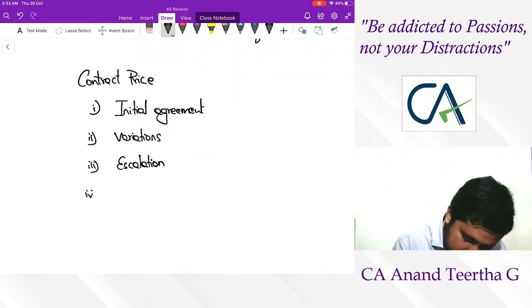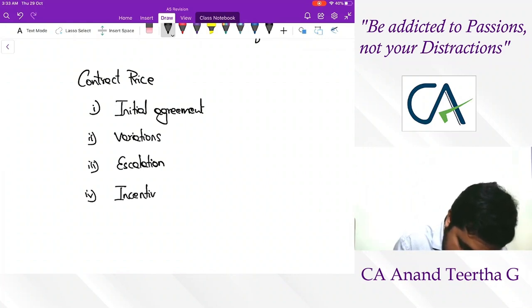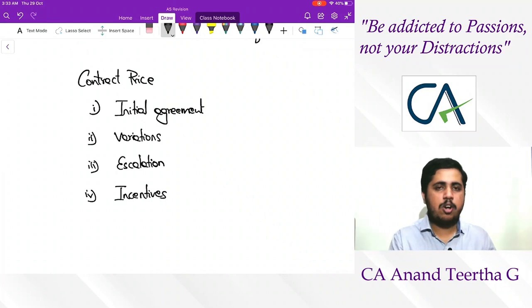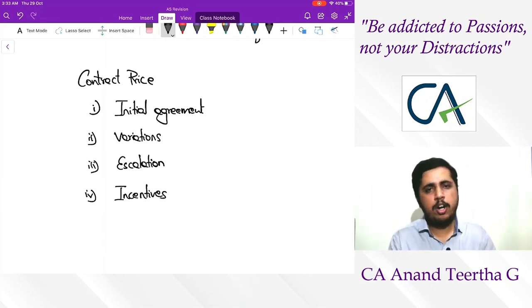Fourth, if there are any incentives. Say for example, initially it is decided that the contract will be finished within 4 years. But the contractee is in a hurry and asks, can you finish it 6 months before? The contractor says, I can finish it provided I increase the price by say 50 lakh. The contractee says okay, so there is an incentive now.